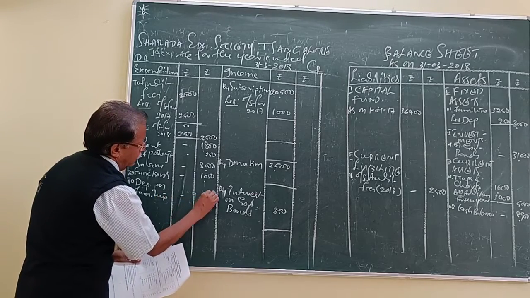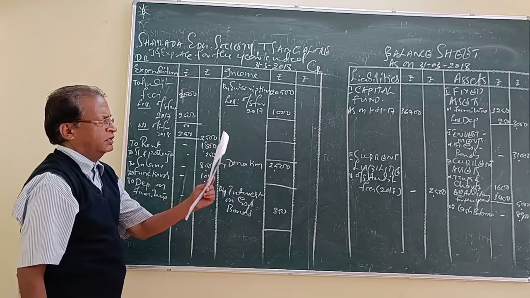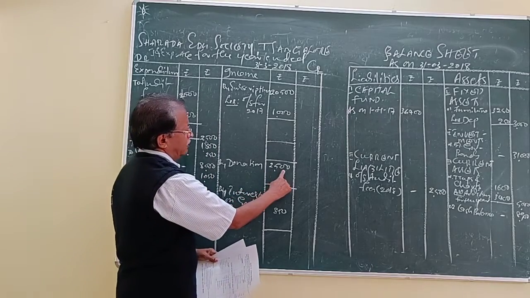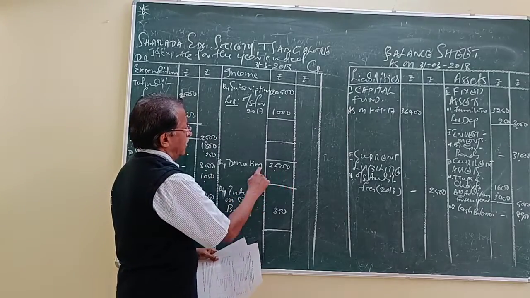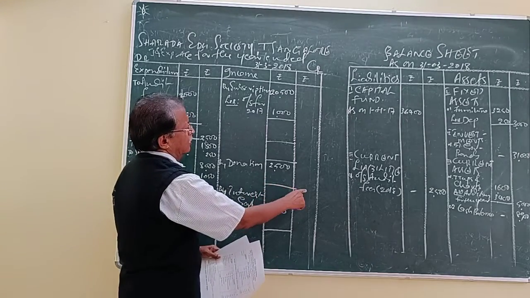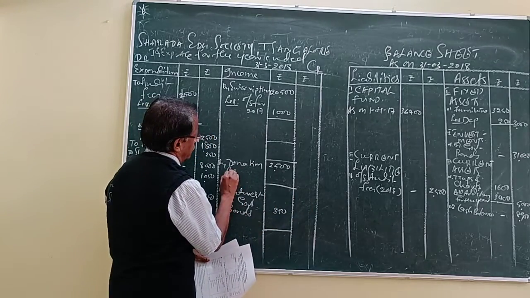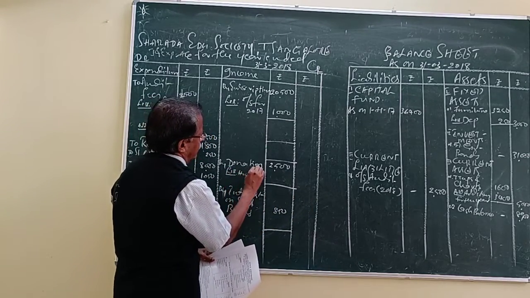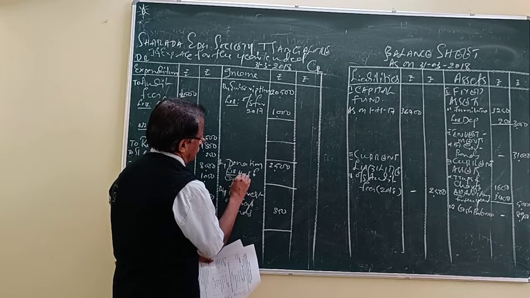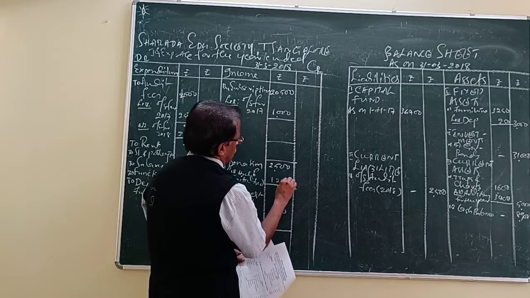Outer column 250. Half of the donation is to be considered as revenue. Total 2,500. Out of that, half is equal to 1,250. Remaining 1,250 will be shown at the outer column. Next, less of capitalized 1,250.